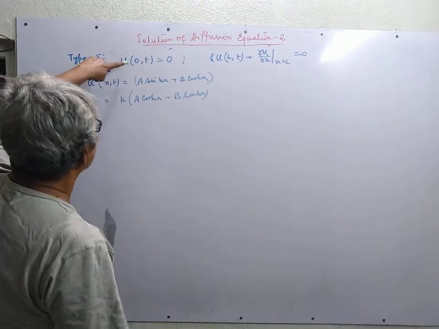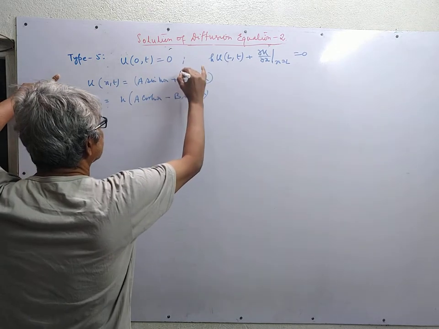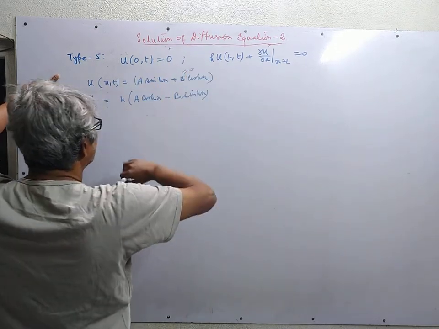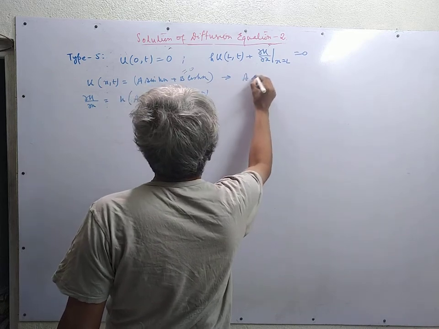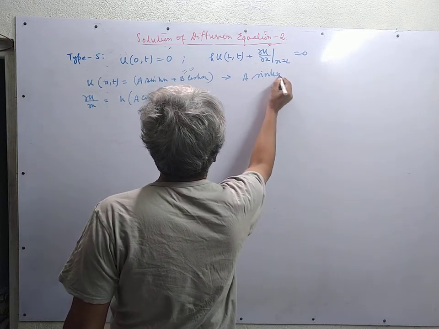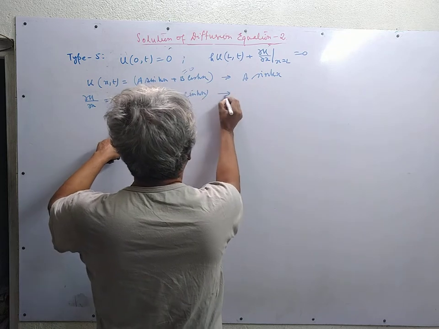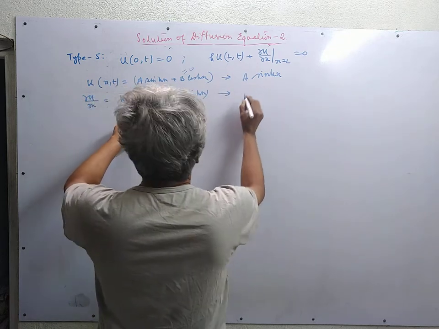If we apply the first boundary condition, it sets b equal to 0. So u reduces to a sin kx, and as b is 0, del u by del x becomes ka cos kx.